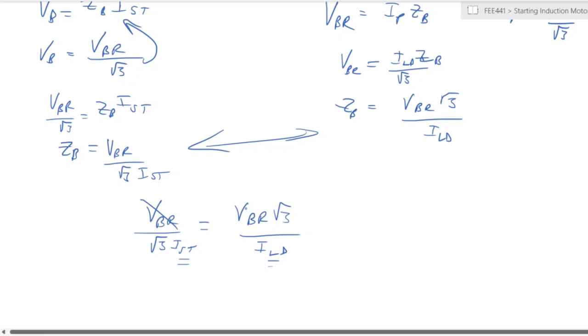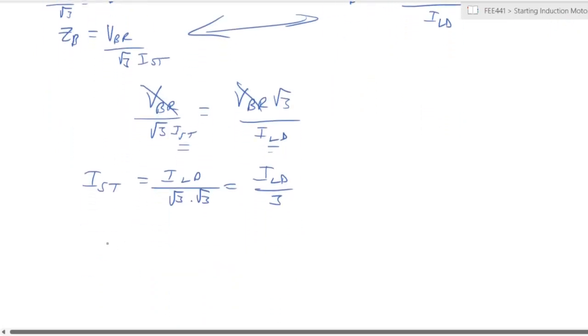VBR cancels out, and if we rearrange the two, IST will be equal to ILD over root 3 times root 3, which is equal to ILD over 3. So that means that the star current is 1/3 the magnitude of the delta current.